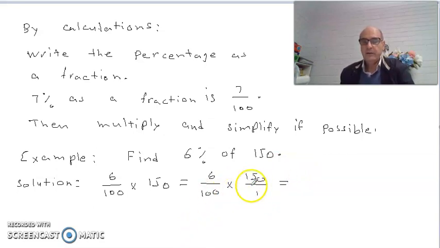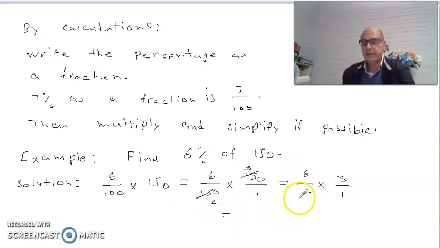Now I can probably simplify that. 150 and 100, you can divide both of them by 50. If I divide this by 50, I'm going to get 3. If I'm dividing this by 50, I'm going to get 2. So I end up with 6 over 2 times 3 over 1.